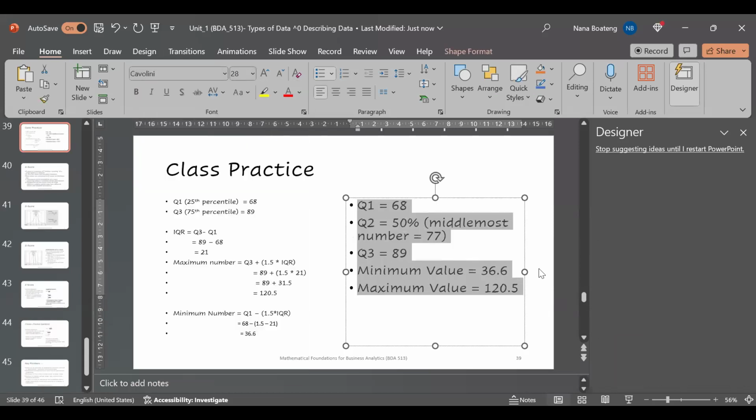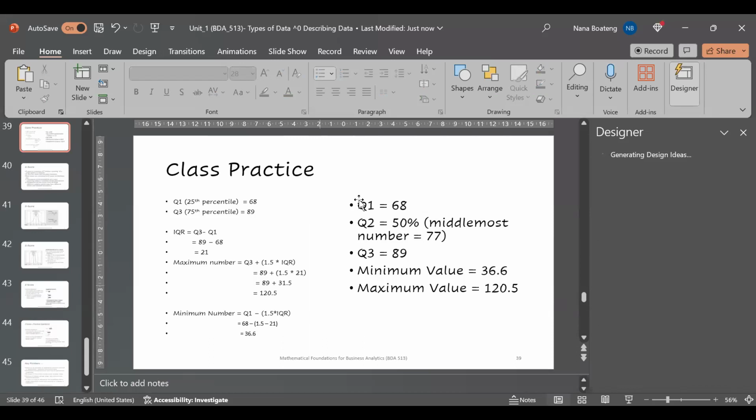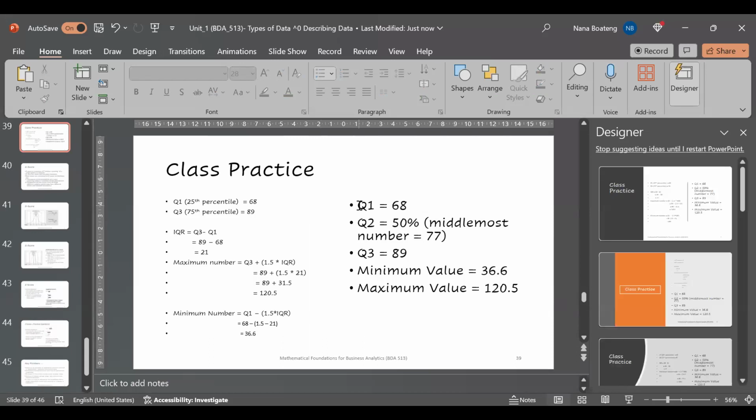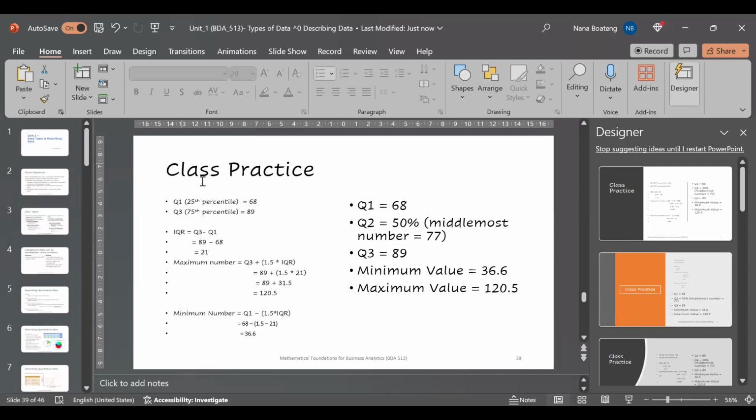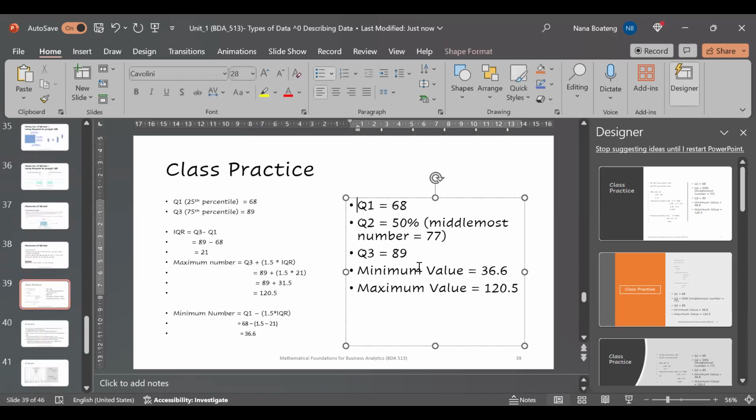But let's say if you were to have 5% in the max or 3% in the max, probably these could have been outliers. I haven't checked it, but I'm just saying. Any other question?